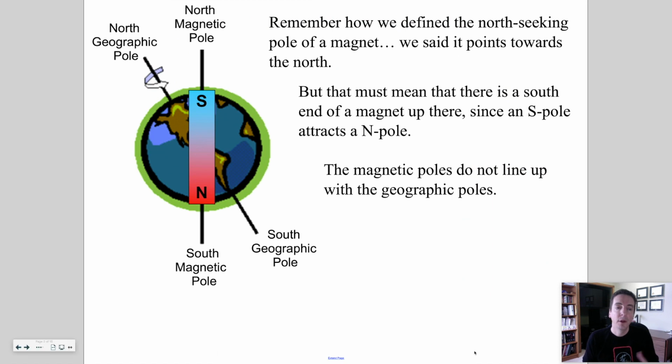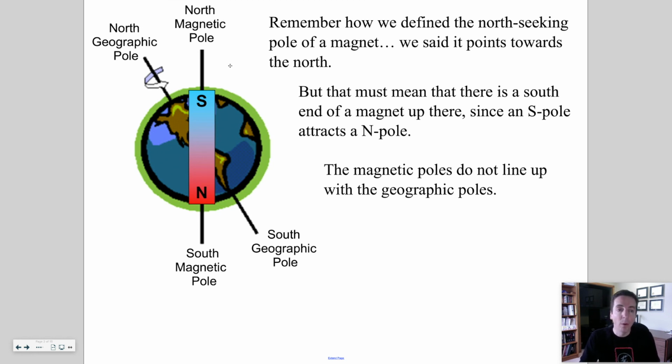So, Earth itself is a big giant bar magnet, essentially. If we model Earth's magnetic field using a big magnet, and we know that all magnets on Earth point this way, point north towards where Santa lives, opposite poles attract and like poles repel.